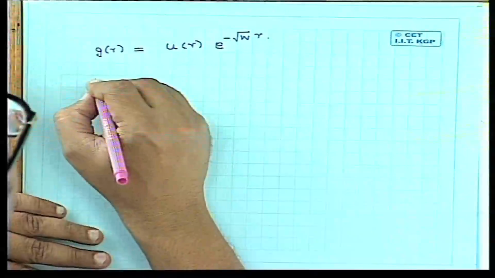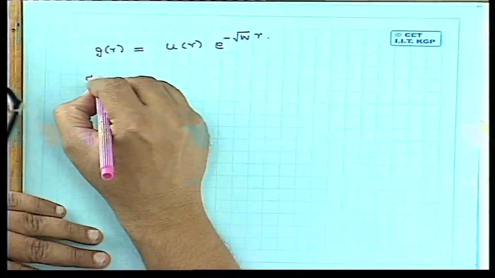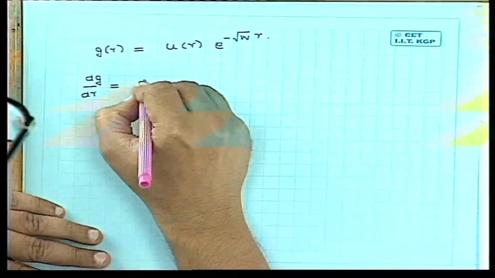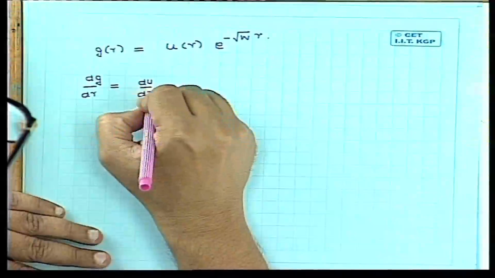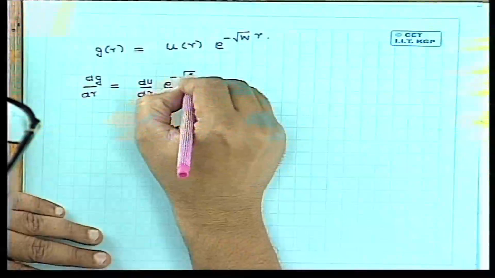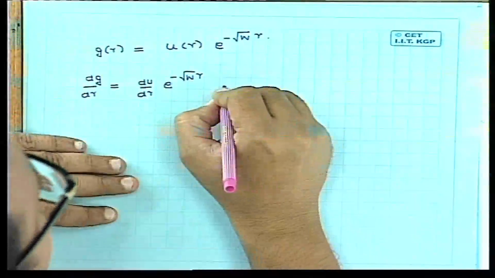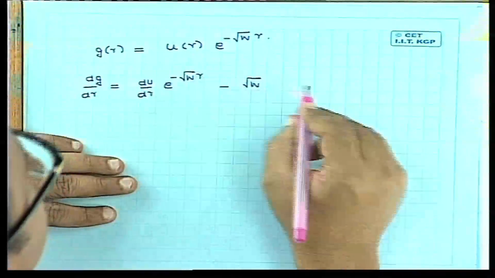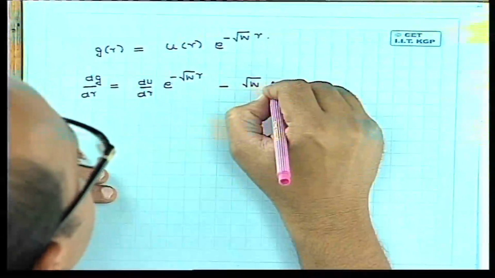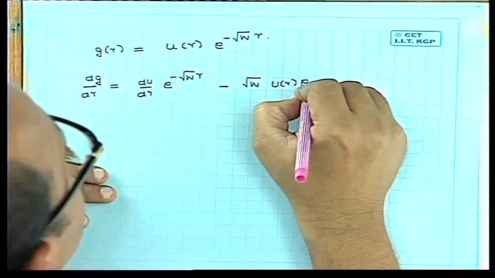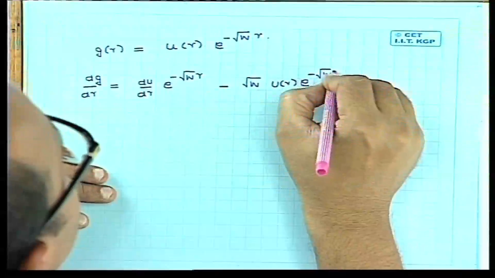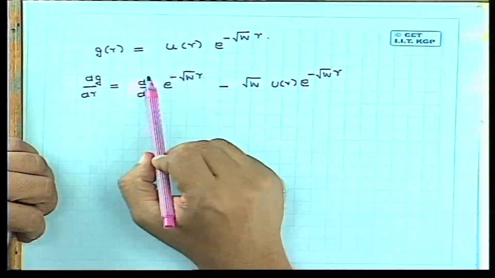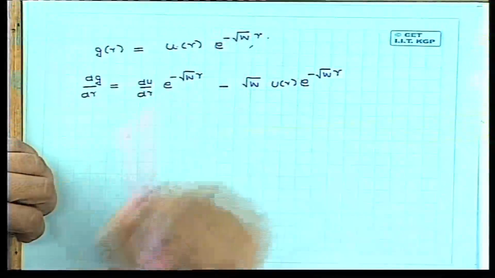So the first derivative of g, dg dr, will be equal to du dr e to the power minus square root of W r minus square root of W into the same thing. This is the first derivative, where I first differentiate this and then I differentiate this term.